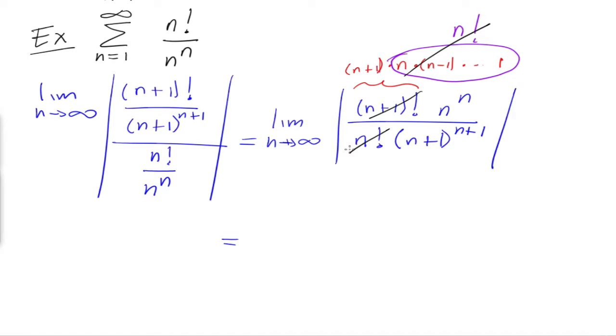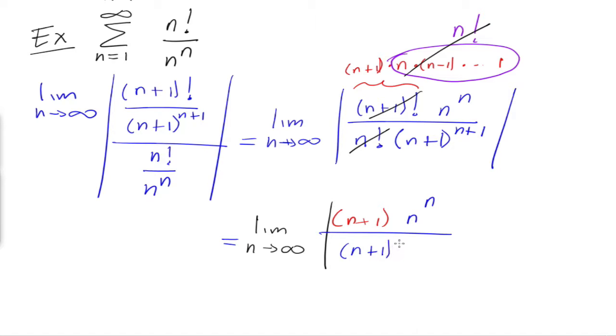Just n plus 1 on top, right? So this is equal to the limit as n goes to infinity of, let me just rewrite it so that I get rid of all that stuff, n plus 1 times n to the n over (n plus 1) to the n plus 1.